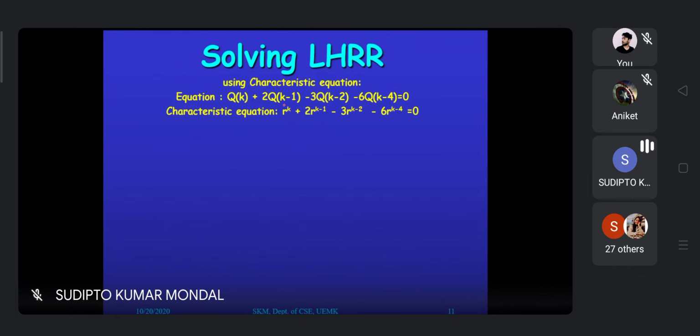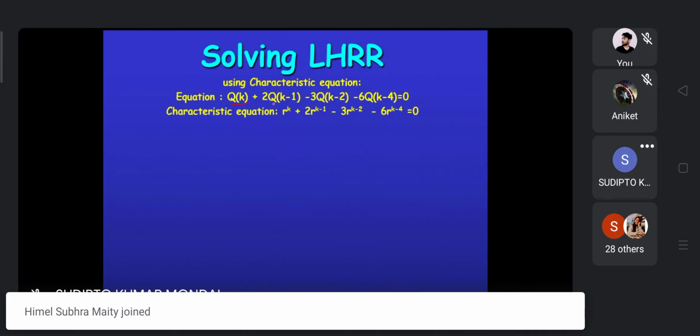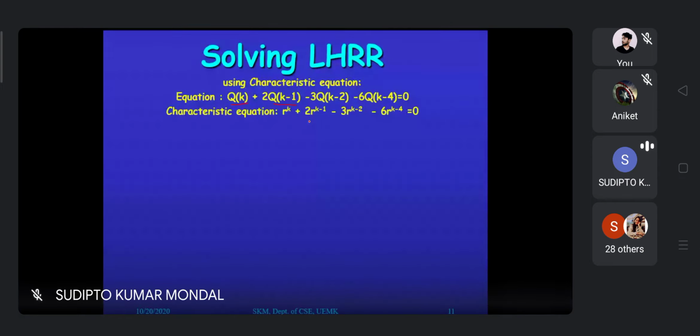Qk plus 2qk minus 1 minus 3qk minus 2, all these terms we first write in terms of r to the power k. We replace qk by r to the power k, qk minus 1 by r to the power k minus 1. So r to the power k plus 2 r to the power k minus 1 minus 3 r to the power k minus 2 minus 6 r to the power k minus 4 equals 0.